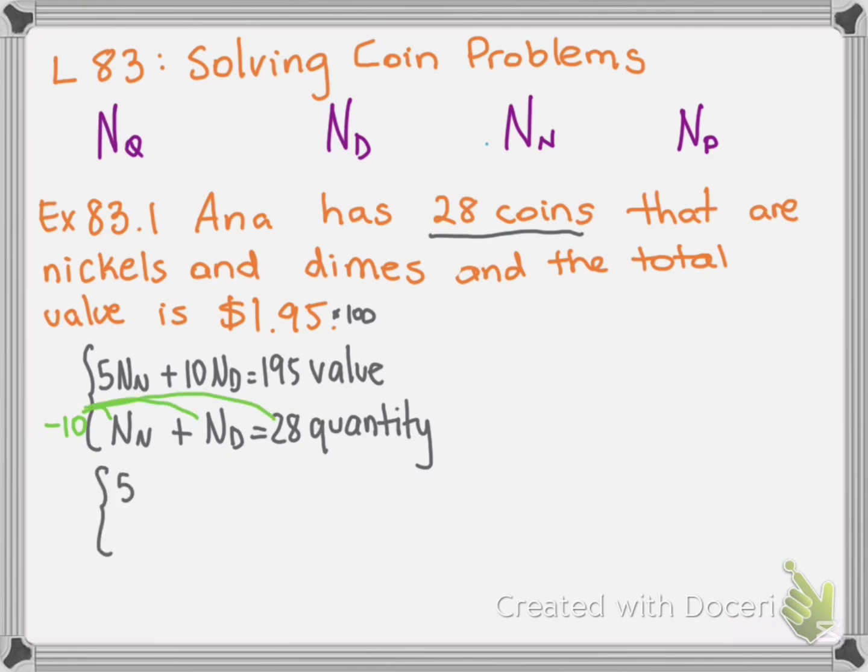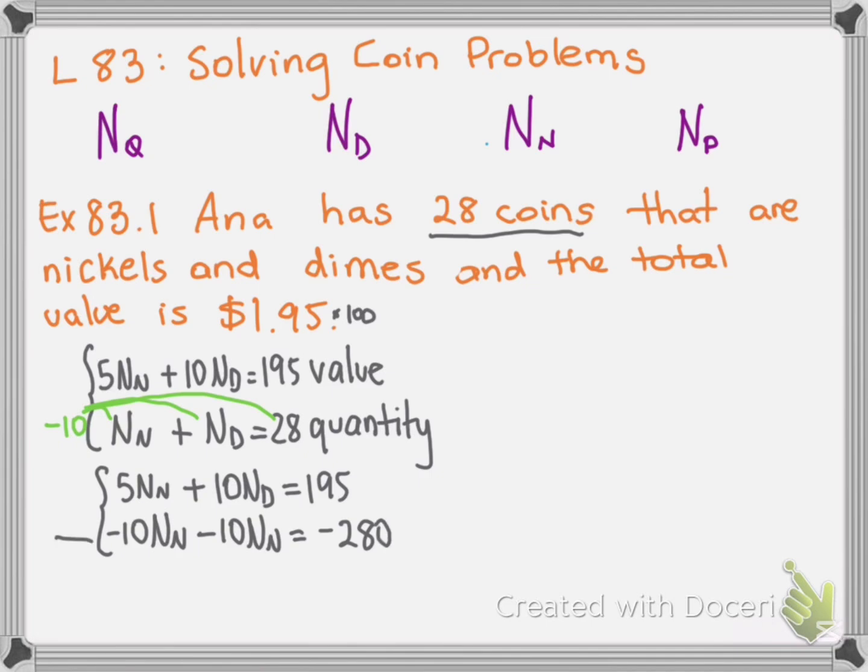So we write the first one on the top exactly the same, and then the one on the bottom with the -10 multiplied to each one of them. 28 times -10 is -280. Don't forget to do that one. Now remember, when we are eliminating, we add these two equations. 5NN minus 10NN is -5NN, and 10 minus 10 is 0.